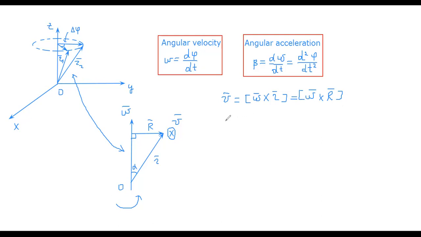We can do it in this way. V, the modulus of the vector of velocity, is equal to omega r sine alpha, and it is equal to omega r.